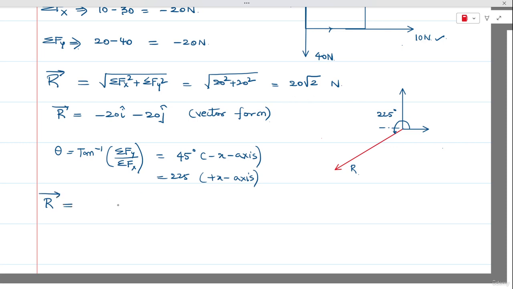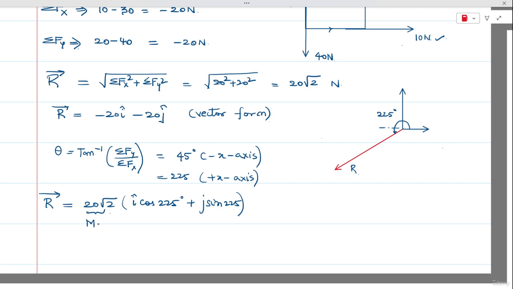So magnitude of the resultant is 20 root 2, and that is i cosine of 225 plus j sine of 225. So this is one way of including the magnitude and direction.